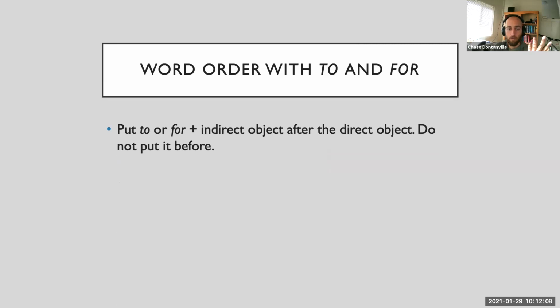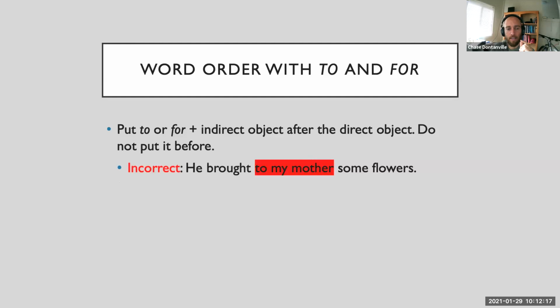Put to or for plus the indirect object after the direct object. Okay, do not put it before. So it's incorrect to say, he brought to my mother some flowers. No, remember, if you use to, it has to go at the end. So for example, he brought some flowers to my mother.